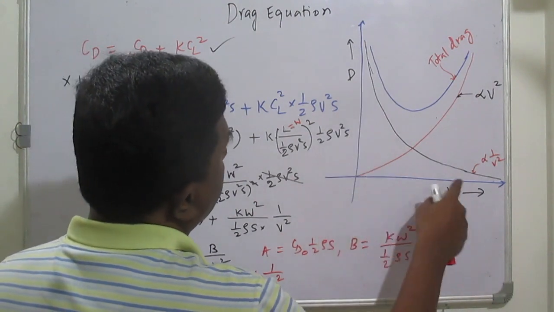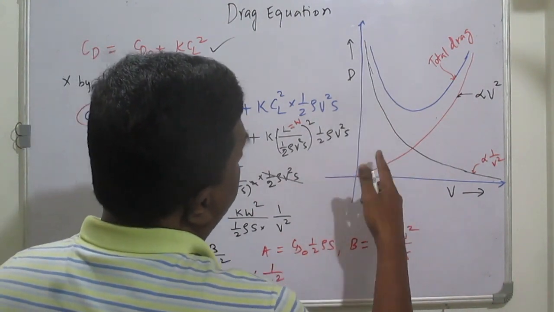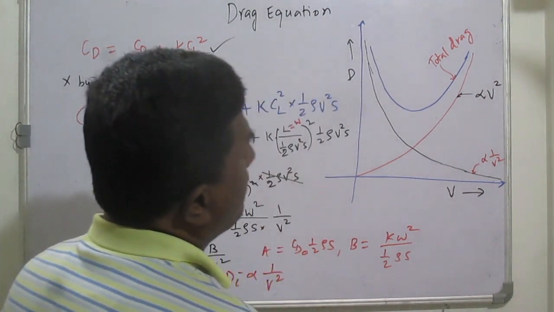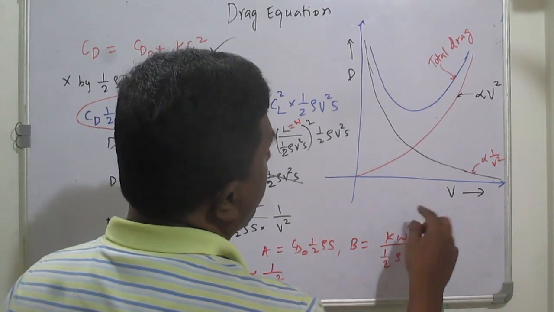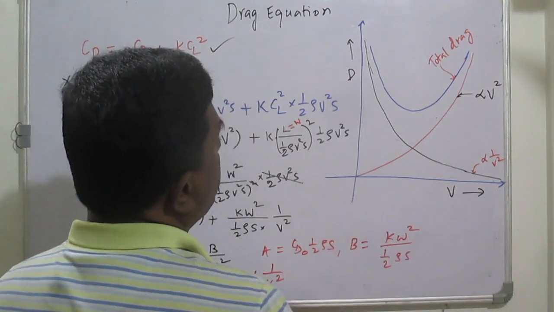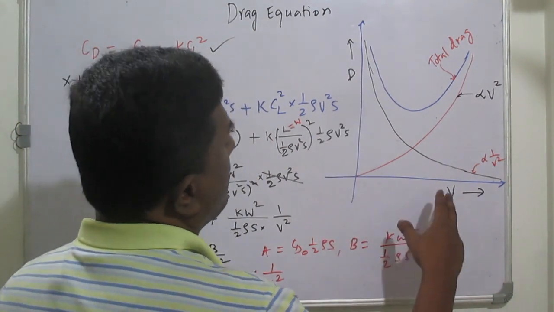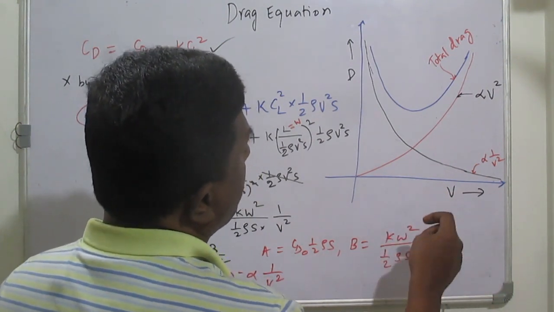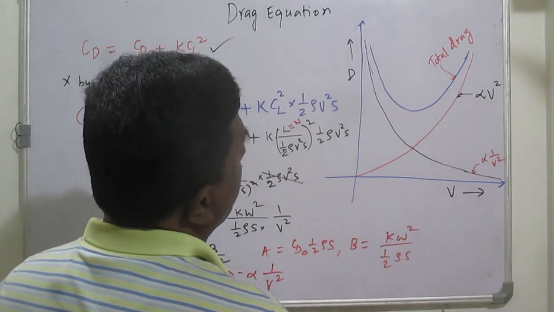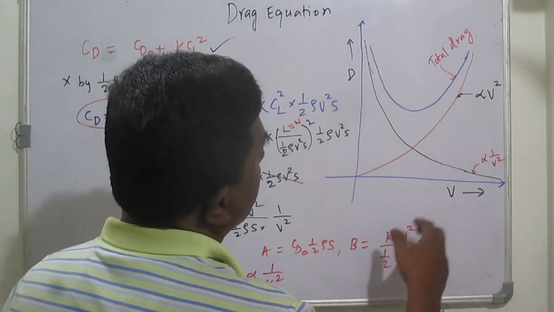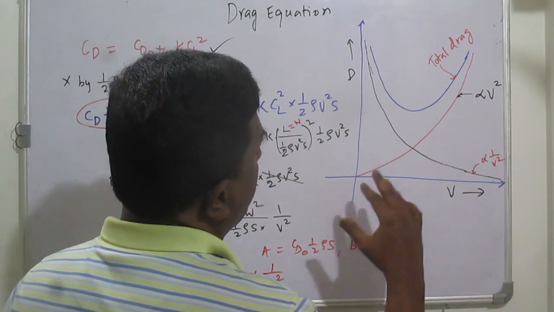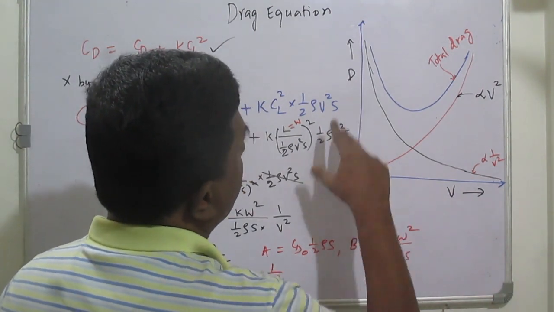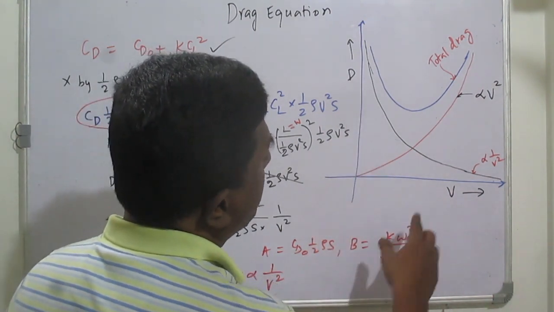What we need to understand here is that induced drag reduces as the velocity increases, because at higher and higher velocities the induced drag effect will be minimal. As we go higher, if we reach supersonic conditions, wave drag will come into the picture, and the induced drag will be very, very small.